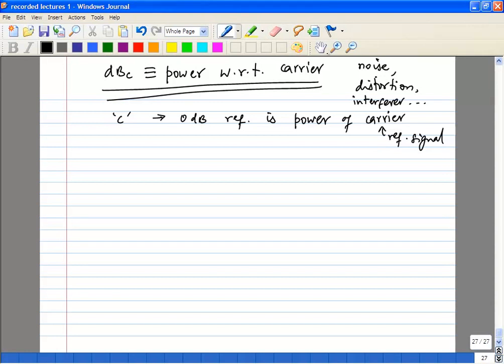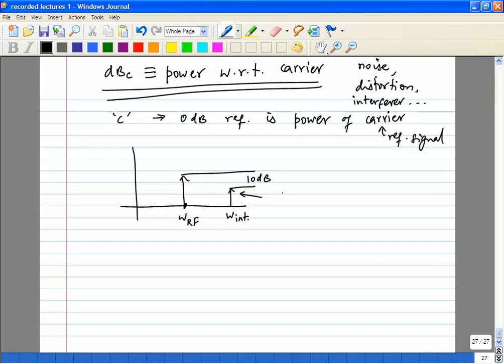and so on. So to give you an example, let's say your desired signal is here, so let me call this omega RF, and you have some kind of interfering signal. So let's say this was 10 dB.